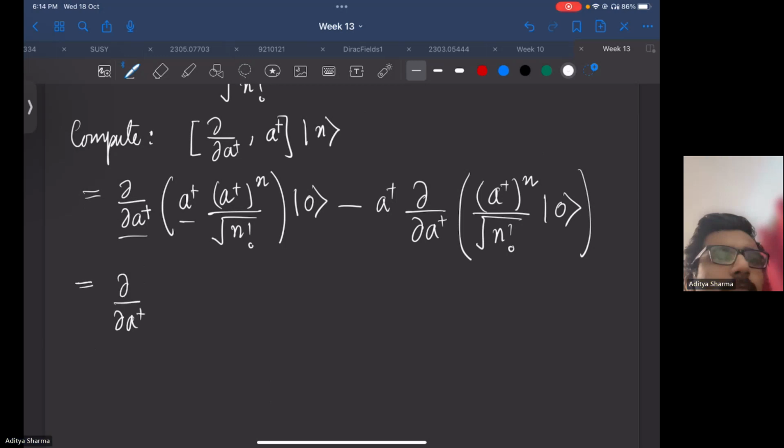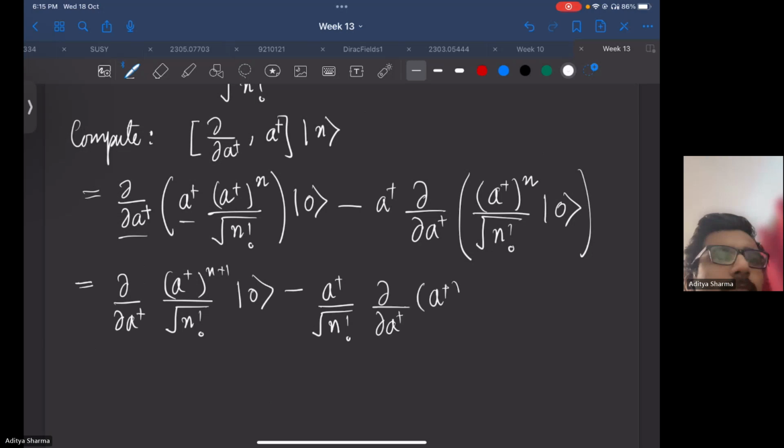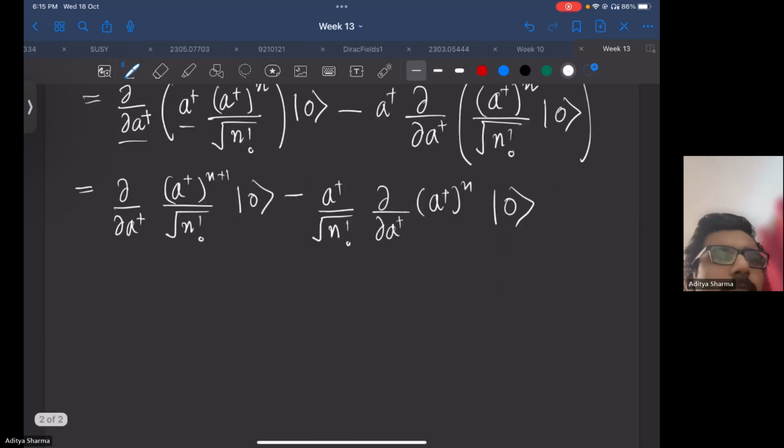Here you have this thing, and here you have this. You can now differentiate this, and differentiating this is completely correct. There's no problem with it. So I will differentiate (A dagger)^(n+1) with the formal rules of differentiation.